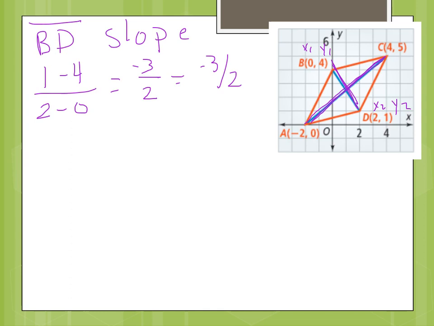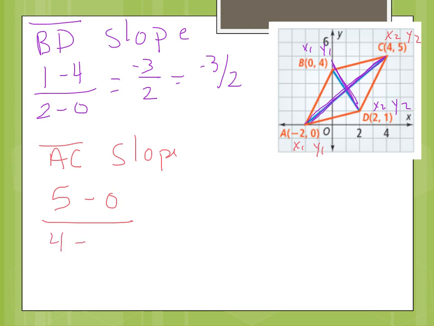So now I'm going to find the slope of AC. And I'm going to say this is my x1, y1, x2, y2. So I'm going to have my y's on top, 5 minus 0 over 4 minus negative 2. So 5 minus 0 is going to give me 5.